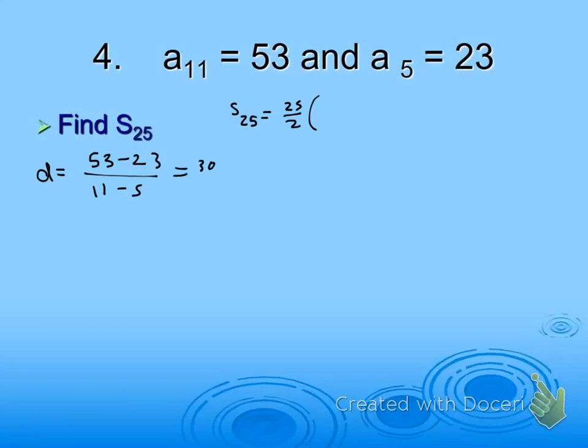Let's see, I get 30 over 6, which is 5. So I'm increasing by 5 units. Agree with that? Now, Easton, D is 5. You okay with that? Yes. I bet you're smart enough to, in your head, think, okay, if the 5th term is 23, 4th term, 3rd term, 2nd term, 1st term.